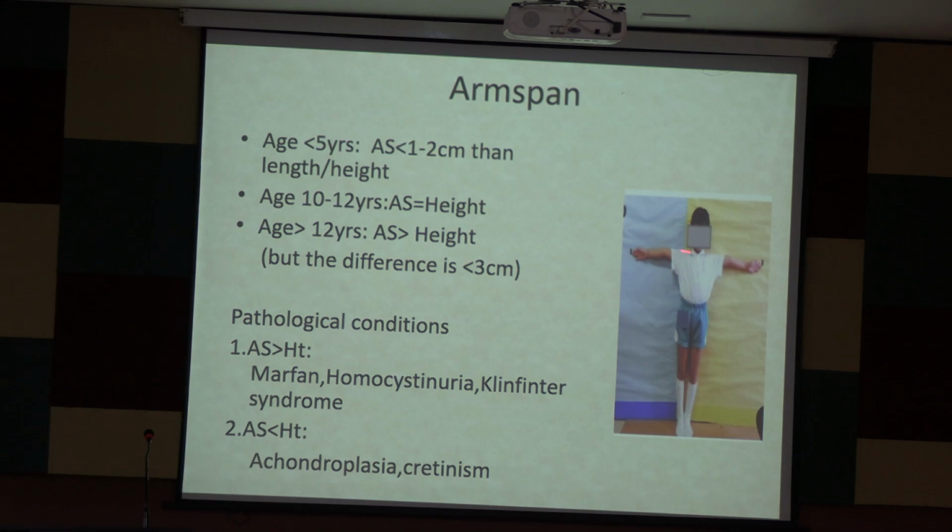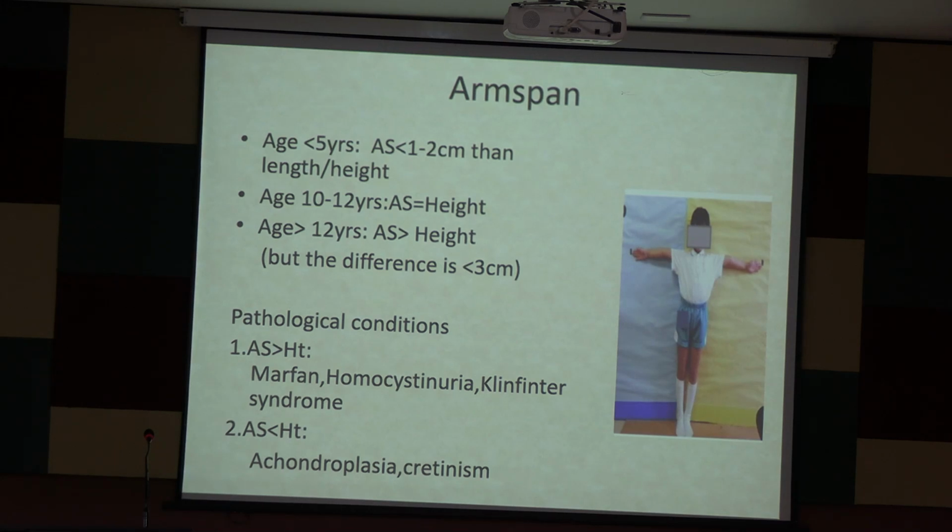When the child is below 5 years, arm span is 1 to 2 centimeters less than the length or height. At age 10 to 12 years, arm span is equal to height. After 12 years, arm span is greater than the height, but the difference is less than 3 centimeters. When arm span is more than 3 centimeters greater than the height, it is pathological.